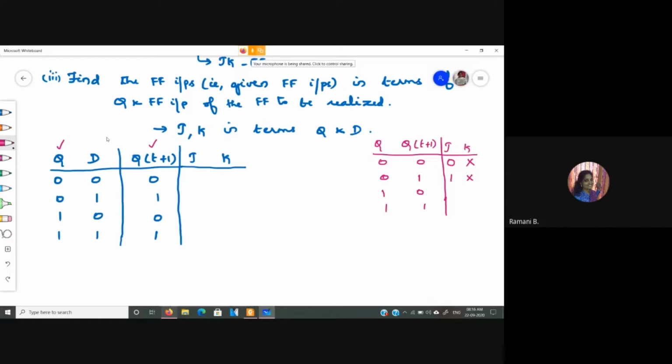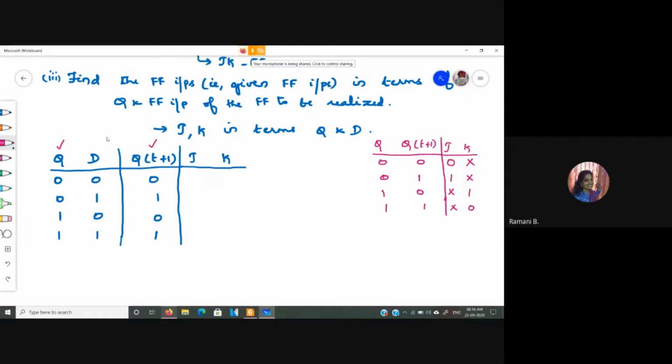Then with 1, 0, it is reset condition or the toggle. That is 0, 1 or 1, 1. So X and 1. 1, 1 is either the set condition or the no change condition. That is 0, 0 and 1, 0. So X and 0.